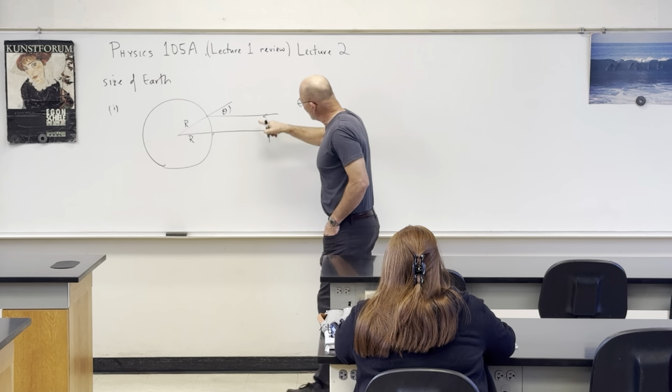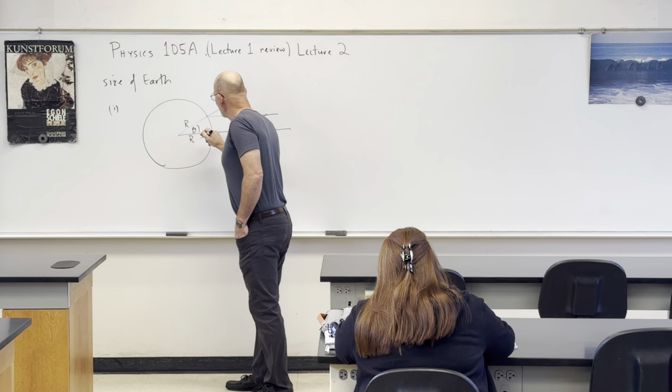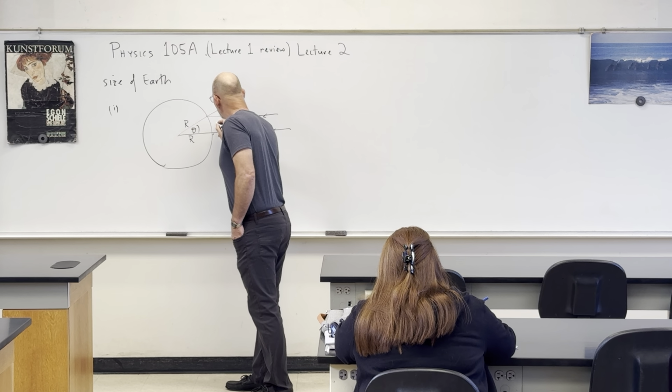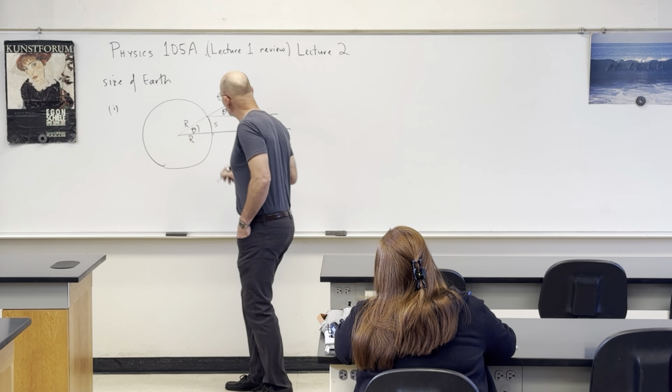Because of the parallel rays assumed, we have an angle theta here, and we have the arc length, the north-south distance between these two places.